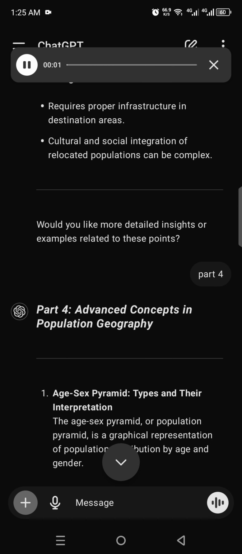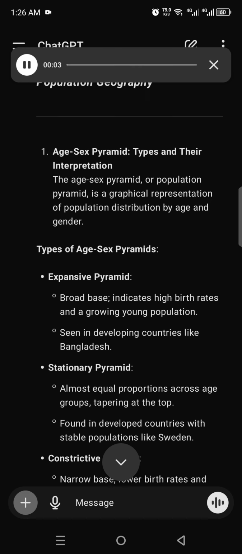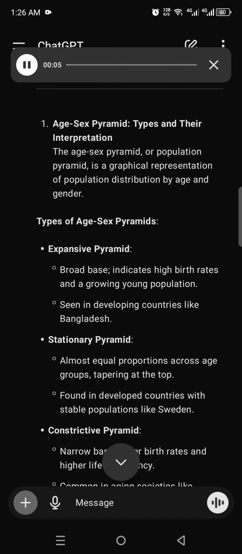Part 4. Advanced Concepts in Population Geography. 16. Age-sex pyramid, types and their interpretation. The age-sex pyramid, or population pyramid, is a graphical representation of population distribution by age and gender. Types of age-sex pyramids: expansive pyramid, broad base, indicates high birth rates and a growing young population, seen in developing countries like Bangladesh.